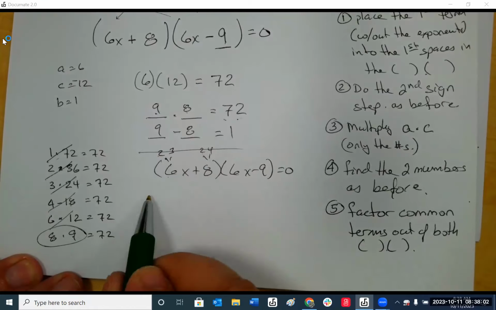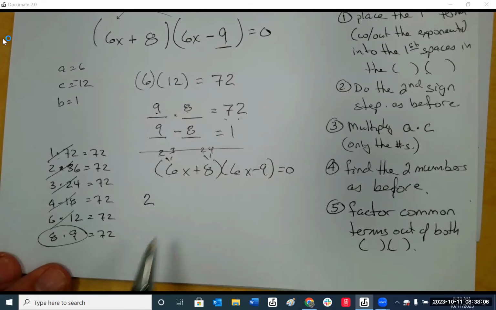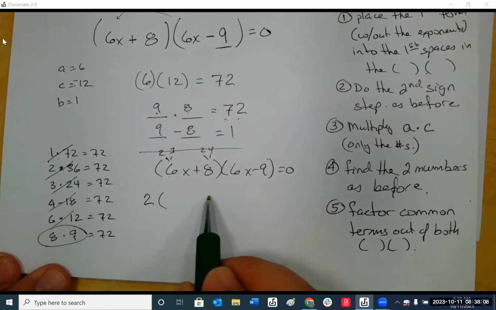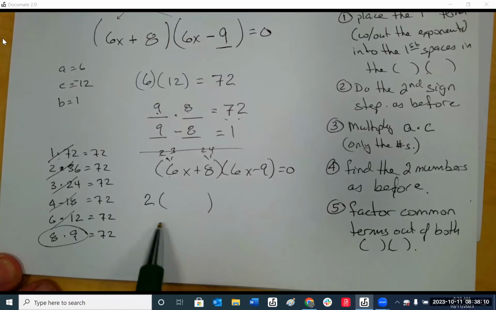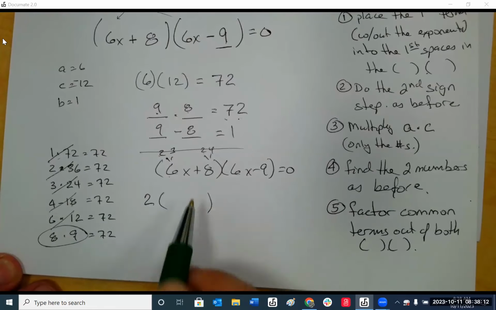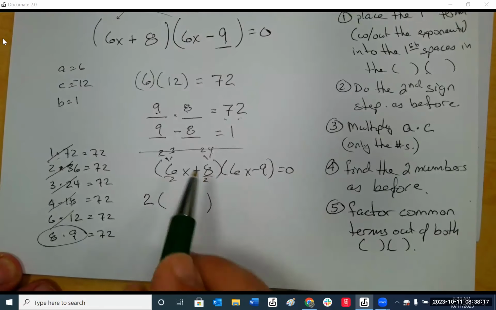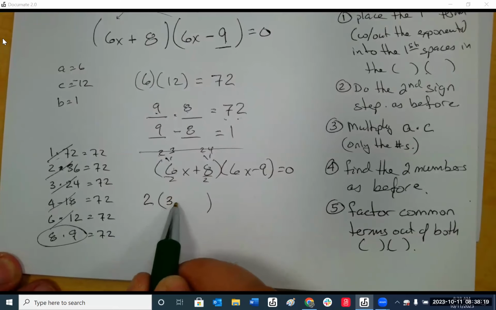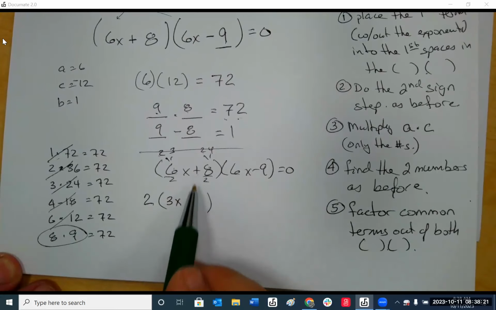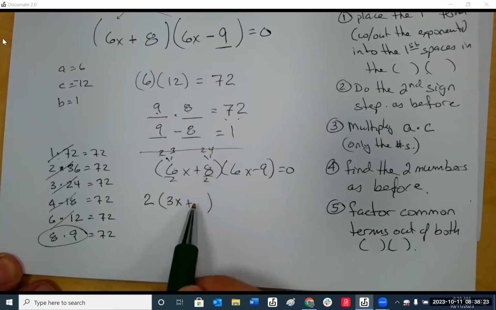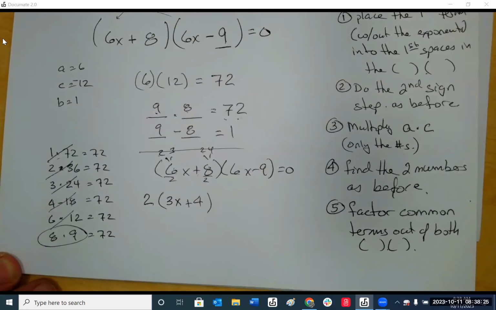So they both have a 2 in common. So I take out the 2. To see what goes inside the parentheses, I divide both of these numbers by 2, since I took it out. 6 divided by 2 is 3x. 8 divided by 2 is 4.